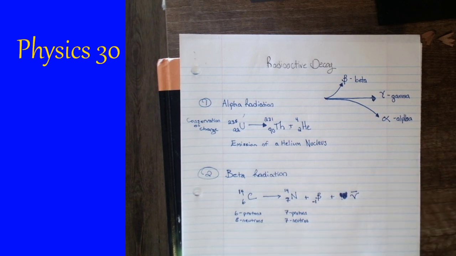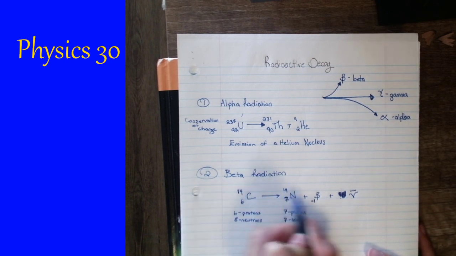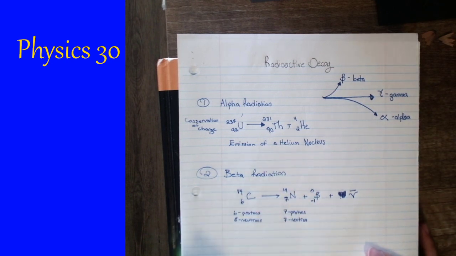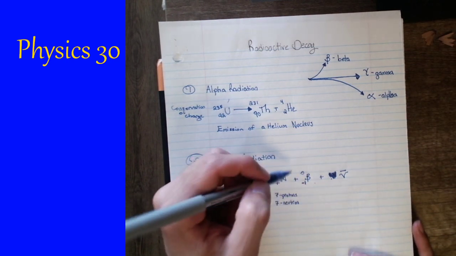Okay, and this helps us define what beta decay is. And if this is 14 and that's 14, this is 0. Alright, and that's sometimes how we draw a beta particle.